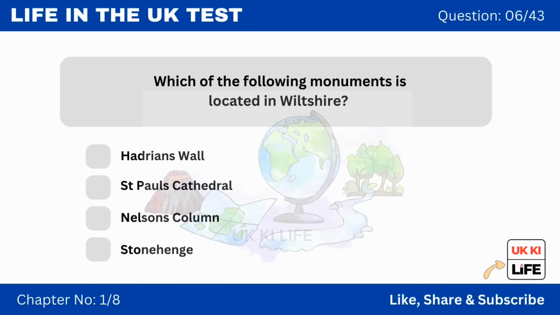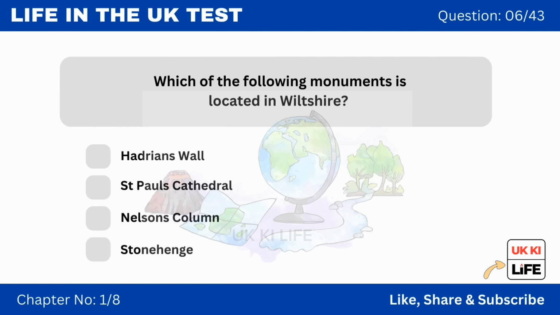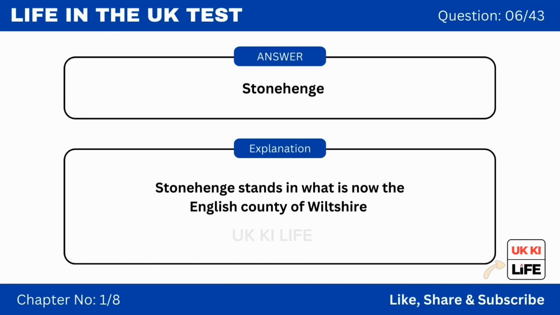Question 6. Which of the following monuments is located in Wiltshire? Hadrian's Wall, St. Paul's Cathedral, Nelson's Column, Stonehenge. The correct option is D. Explanation. Stonehenge stands in what is now the English county of Wiltshire.